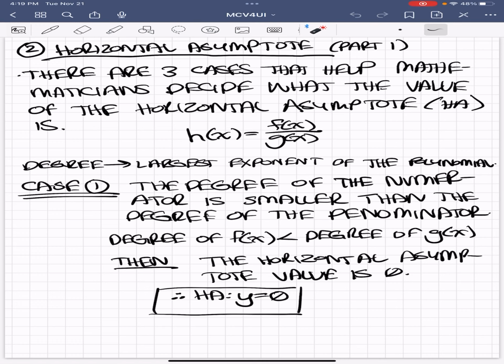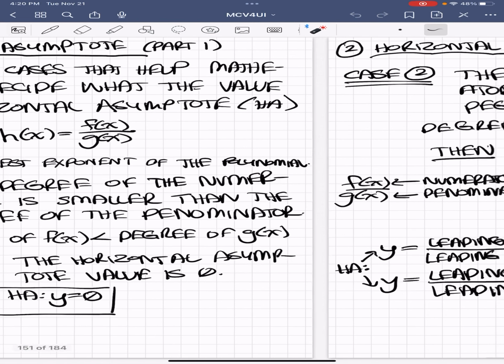Then the horizontal asymptote value is 0. HA equals y equals 0. An example would be 1 over x, x over x squared, x plus 1 over x to the power of 3 plus 1, things like that.